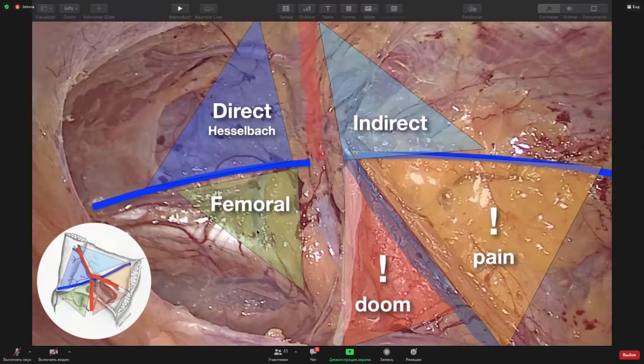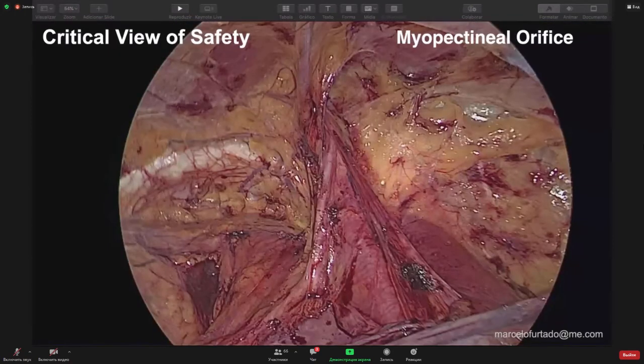Here we have the corona mortis. It's always related to this ring, the femoral ring. It's important to recognize this anatomy during our surgery. So these are all the important landmarks.